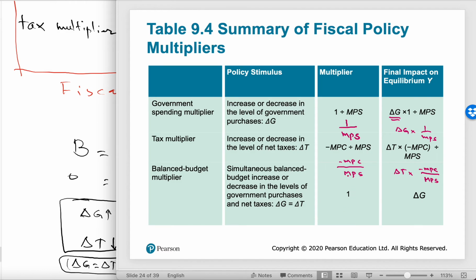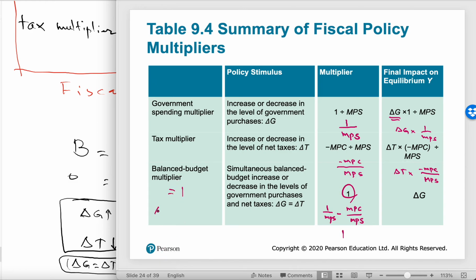If we add them together, 1 over MPS minus MPC over MPS, the denominator is common. So 1 minus MPC divided by MPS basically becomes 1. That's why the balanced budget multiplier is equal to 1.